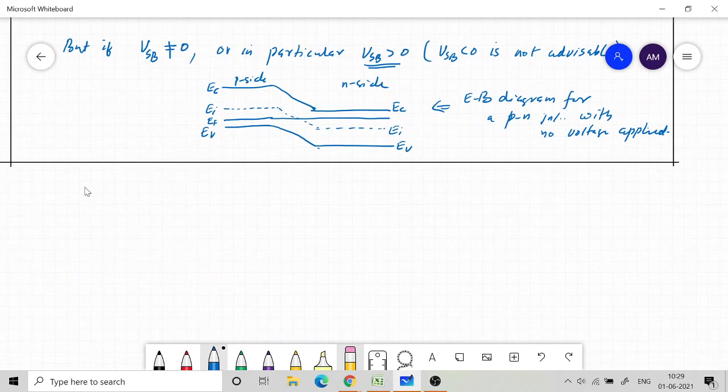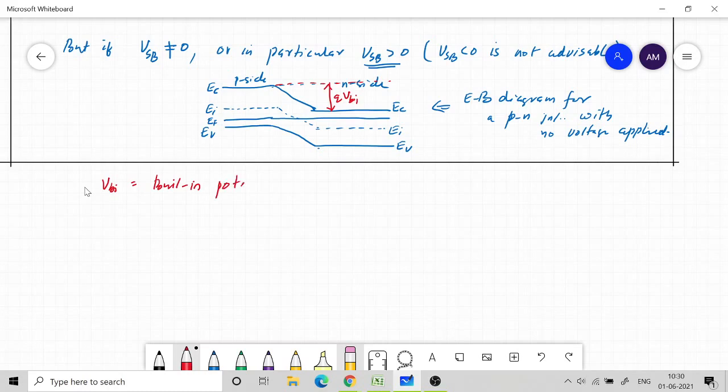Now if I apply a reverse bias voltage, you can see that there is a bending in the band. Let me denote it like this. This is basically Q into VBI.